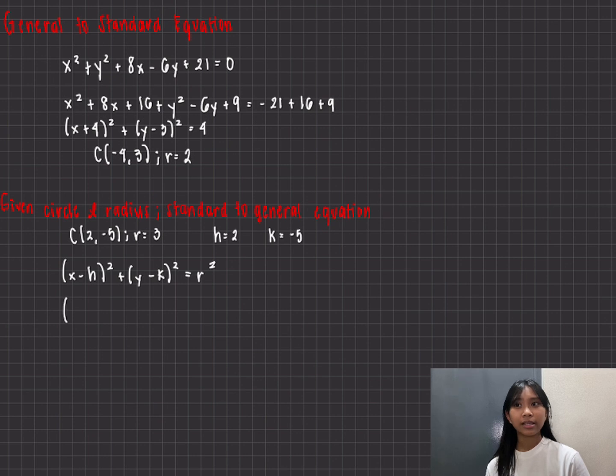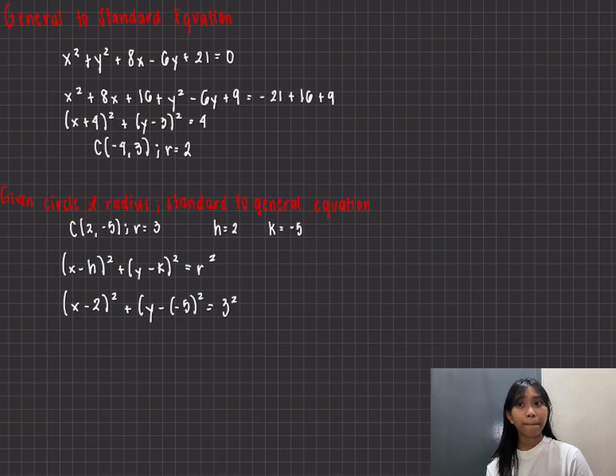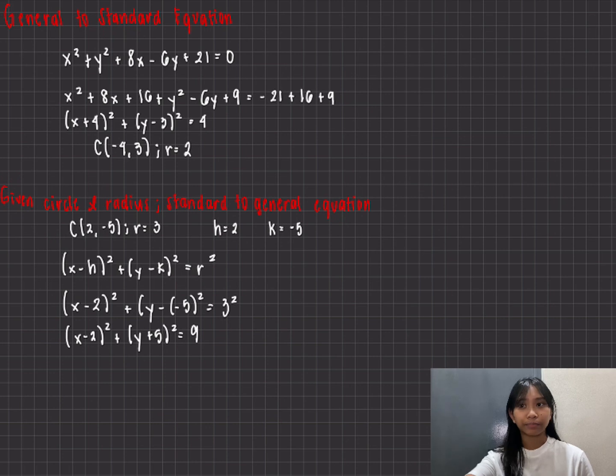That will give us x minus 2 quantity squared plus y minus negative 5 quantity squared is equal to 3 squared. So our standard equation now is x minus 2 quantity squared plus y plus 5 quantity squared is equal to 9, because 3 times 3 is equal to 9.